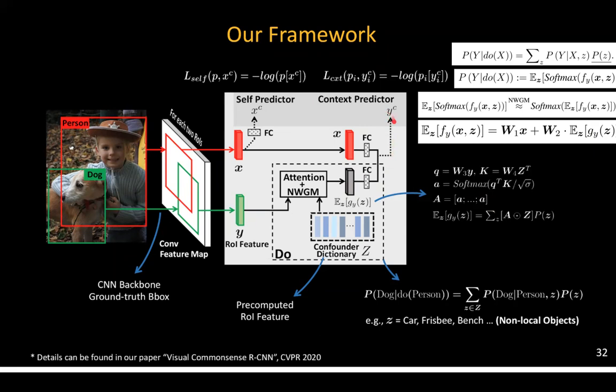That's how we understand this in a back propagation way, but then we reverse it in a forward way. We know that here is all the x in the first branch, and then it's the representation of y, and this y interacts with or is adjusted by the confounder z.